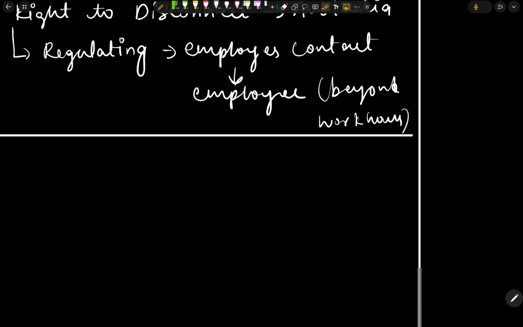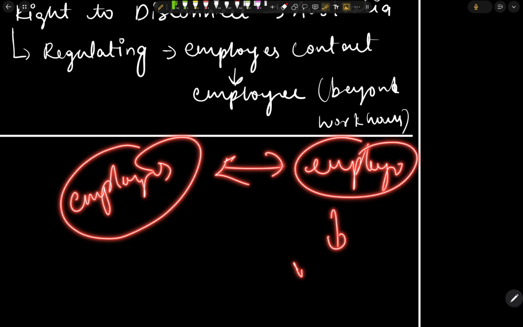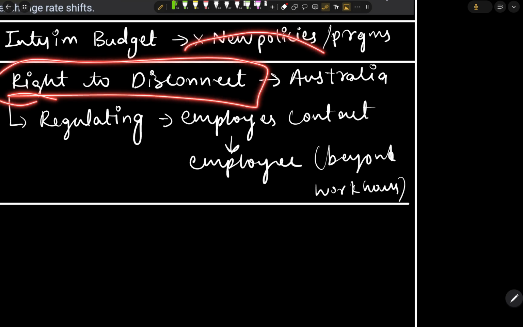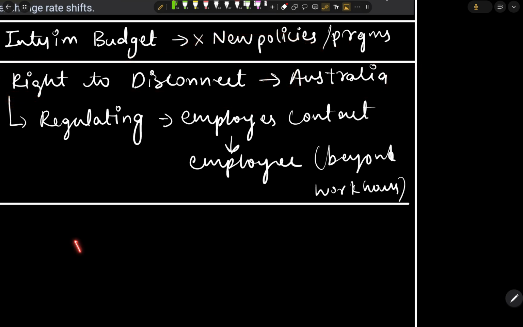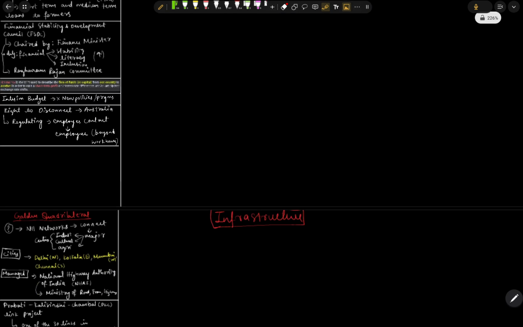It is nothing but keeping the employee away from the employer after work hours so that the employee may live a peaceful life. In an examination they might ask in which country the right to disconnect was recently launched. They may give USA, UK, India, Australia. So the answer is Australia.